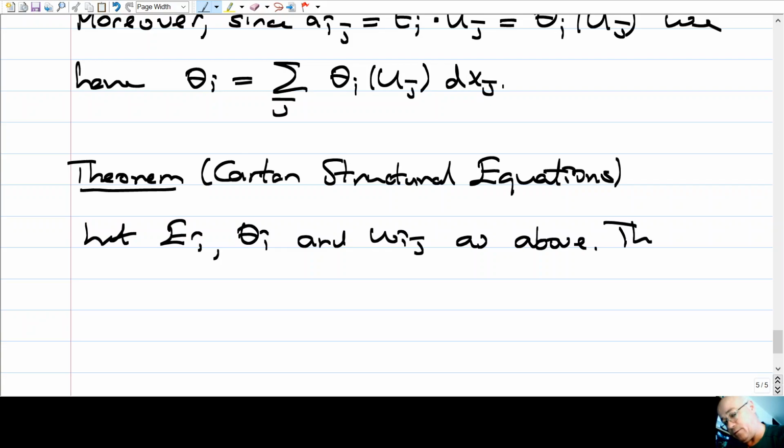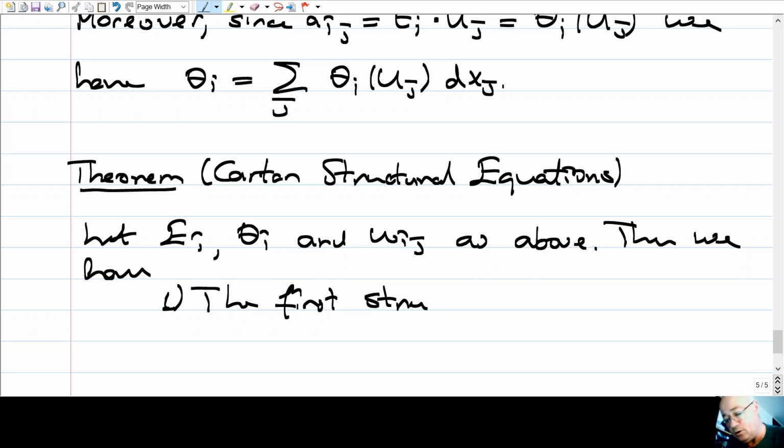Then we have the first structural equation.